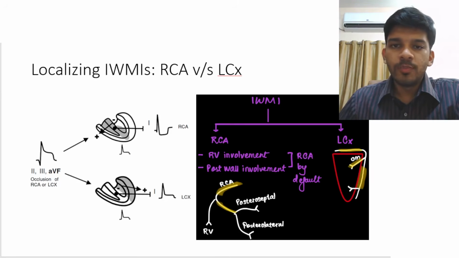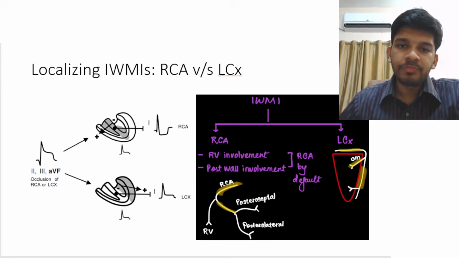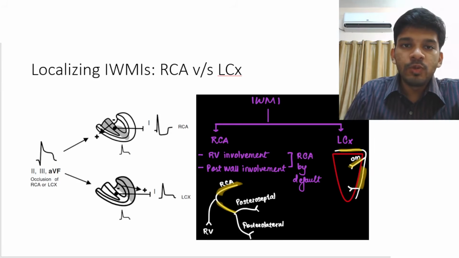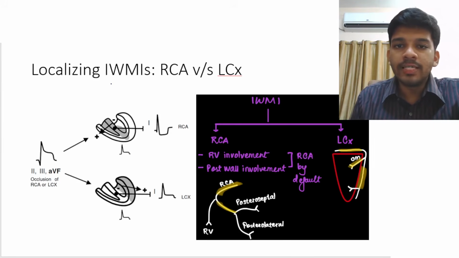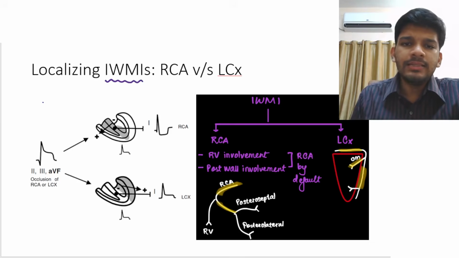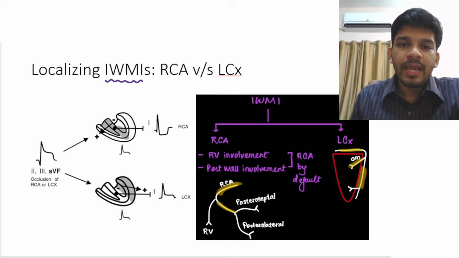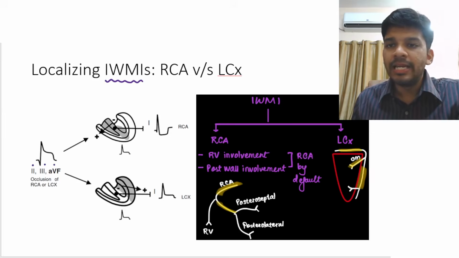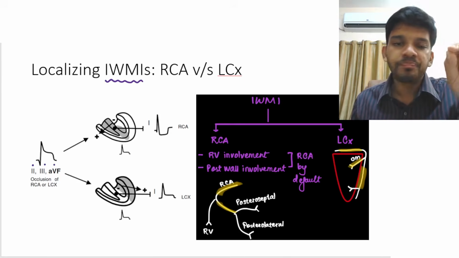Now we shall quickly go into the approach of localizing inferior wall MIs. One fundamental concept to establish early on is that whenever you look at inferior wall MIs, you are looking at ST elevations in the inferior leads, leads 2, 3, AVF. A word of caution: even distal LAD occlusion can have ST elevations in 2, 3, AVF, but the ST elevations in precordial leads will be the more prominent ones.